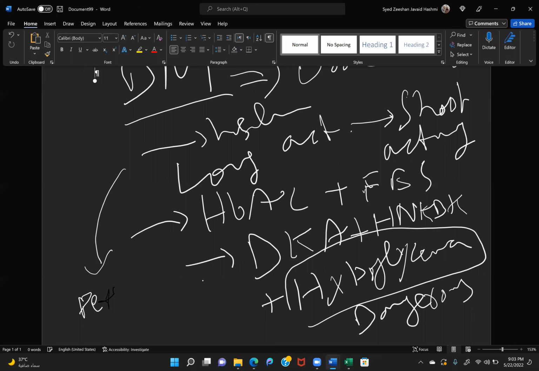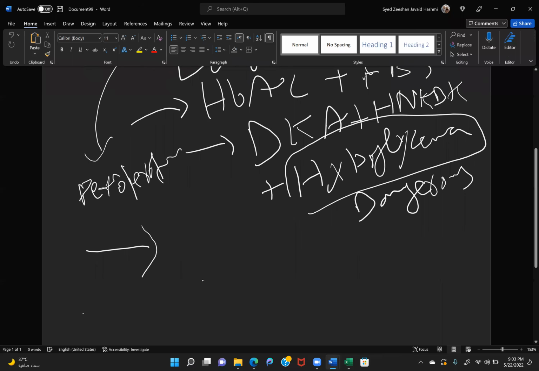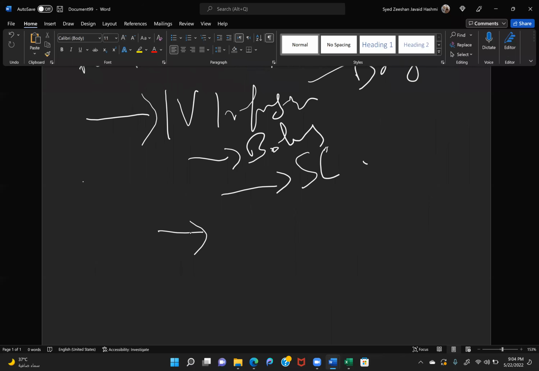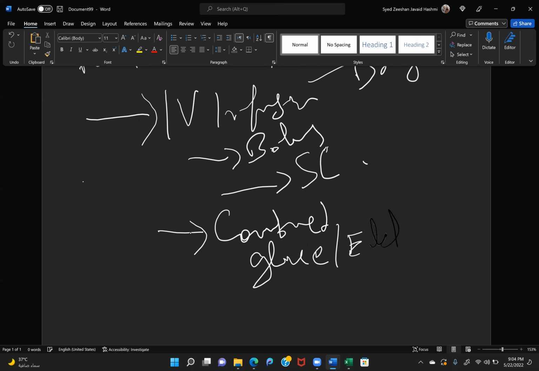Usually in the intraoperative period, IV infusion is better than bolus and better than subcutaneous. You can have different sorts of regimes, but usually there is a combined regime with glucose, electrolytes, and insulin, and there is a rate written on it.